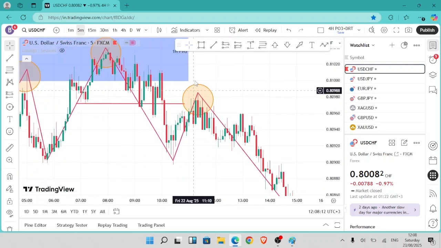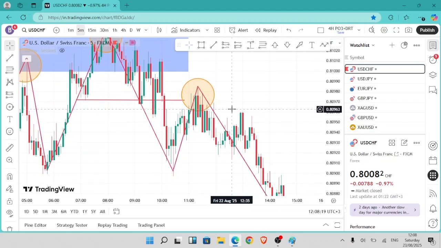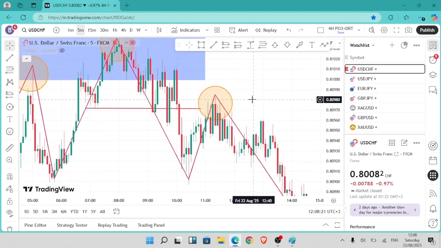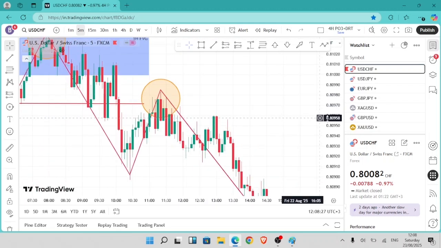We said this key level has to be either a fair value gap, a breaker block, or an inverted fair value gap. Those three key areas are the ones we use.